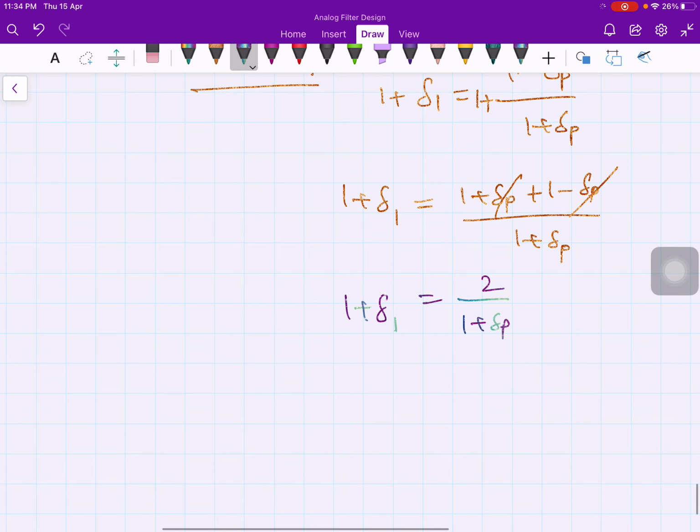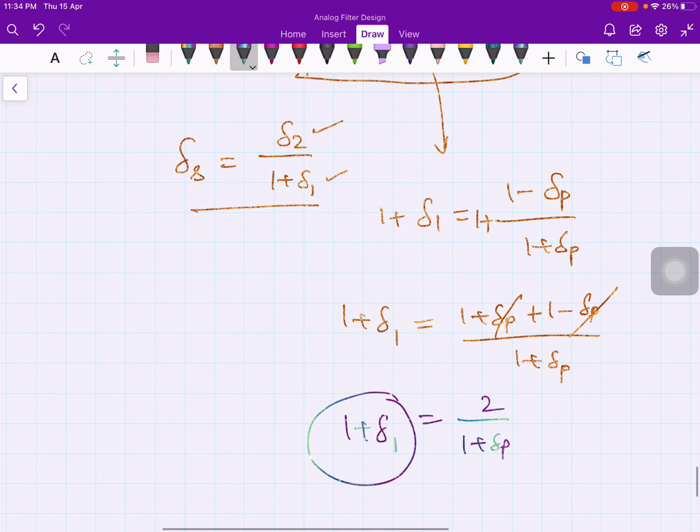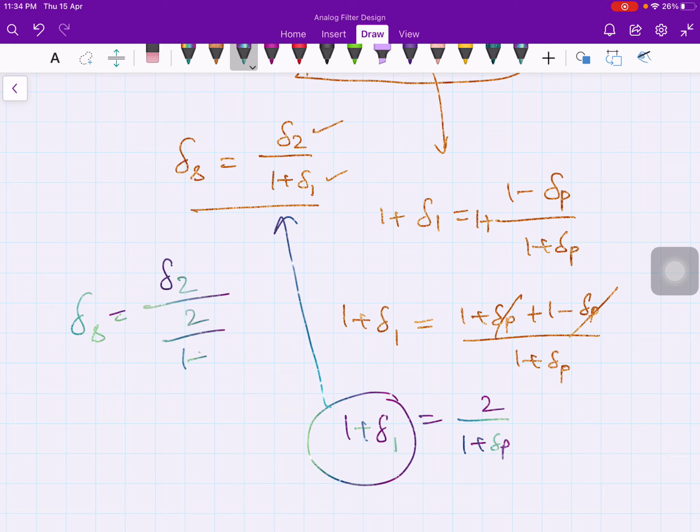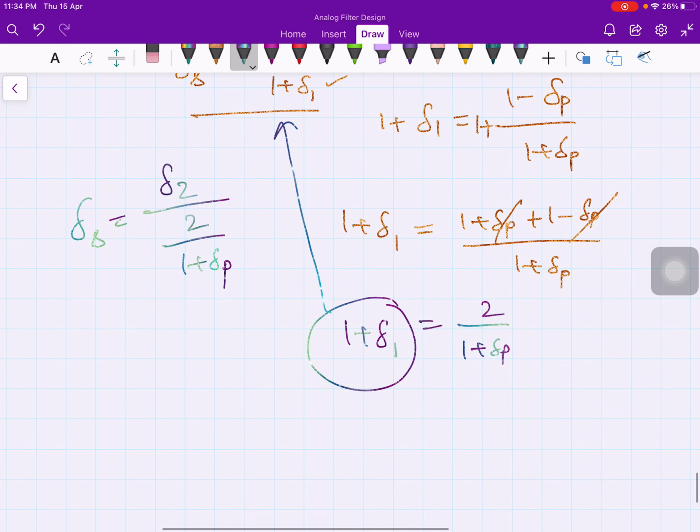Now substitute 1 plus delta 1 in this equation here. So delta S is equal to delta 2 divided by 2 by 1 plus delta P. So rearrange this.